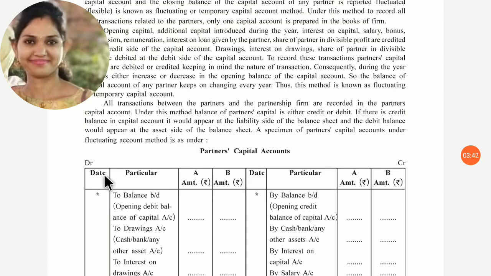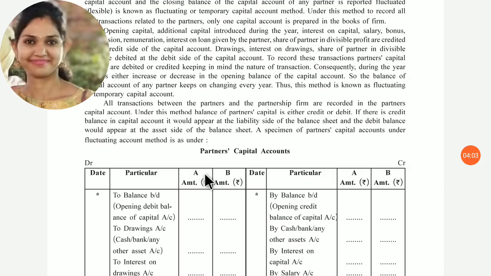In the sole proprietorship, in the proprietor's account, which columns do we prepare? Date, particulars and amount. But here there are more than one partners, it means more than one owner runs the business, so we have to prepare columns for all individual partners.